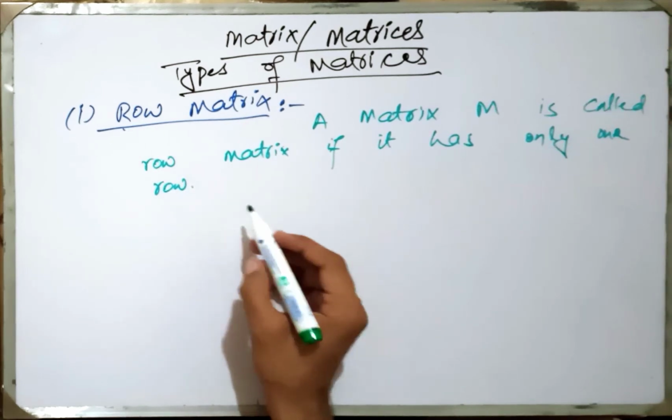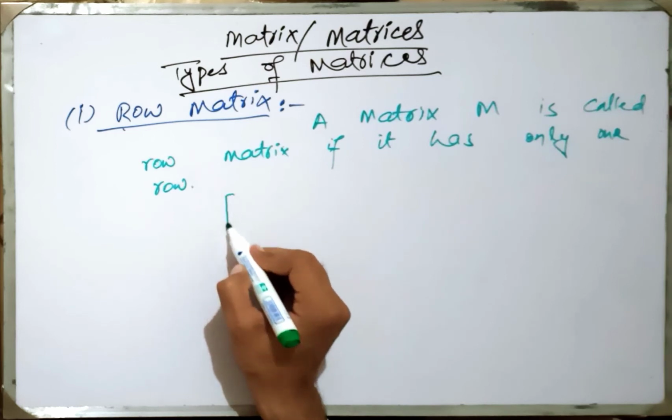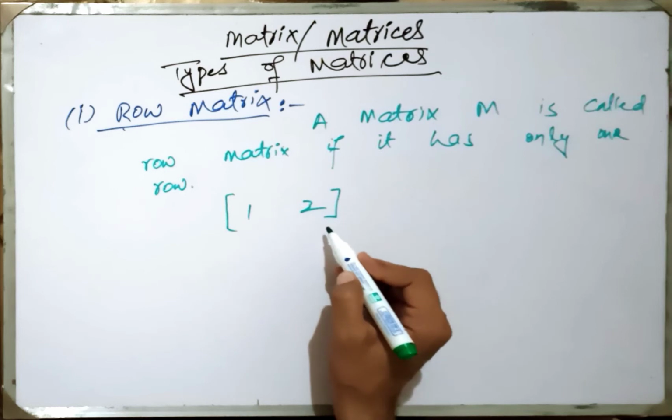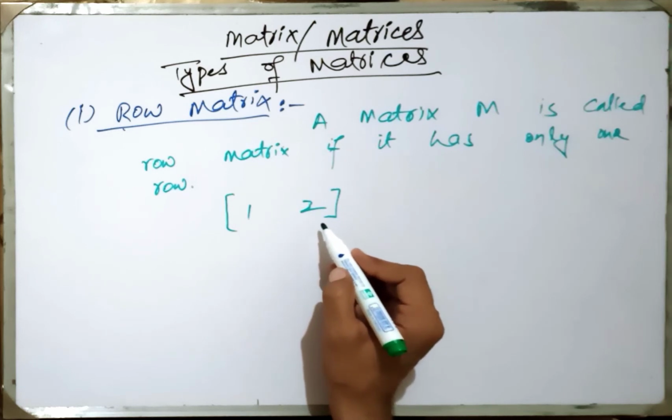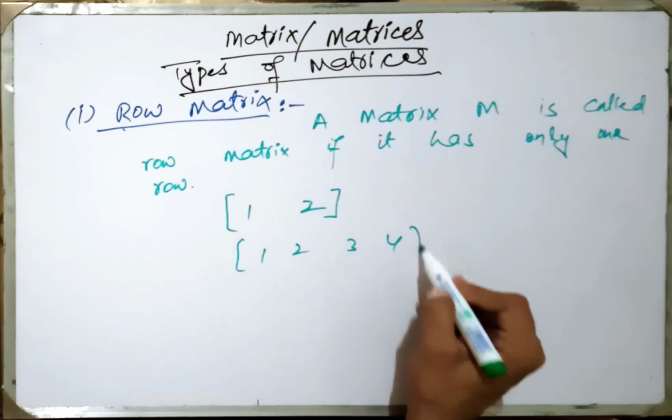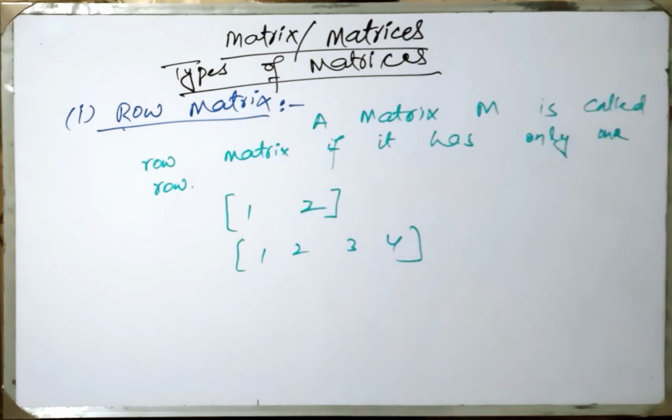That means a matrix which has only one row is called row matrix. It has two columns or more than two columns, but number of row is one, so it is called row matrix.